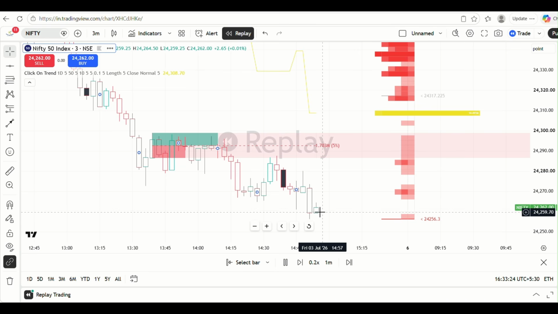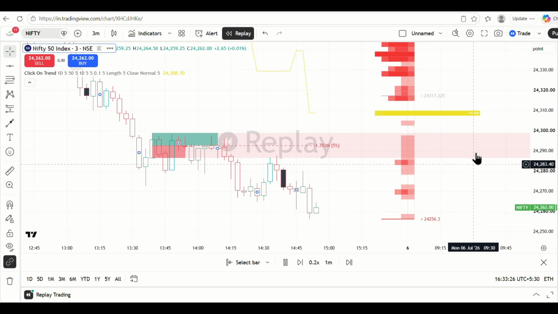So you see this candle is happening in front of you, and it's purely an institutional candle. Now second, it's in front of you.